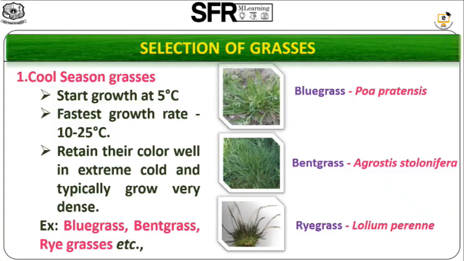They retain their color and grow very well even in extreme cold, and they typically grow very dense. Examples of cool season grasses are bluegrass, bent grass and ryegrass. Bluegrass is Poa pratensis, bent grass is Agrostis stolonifera, and ryegrass is Lolium species.